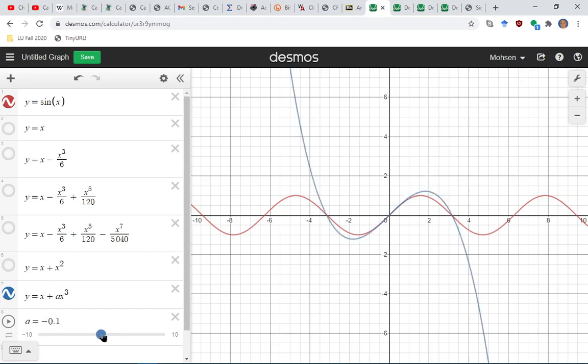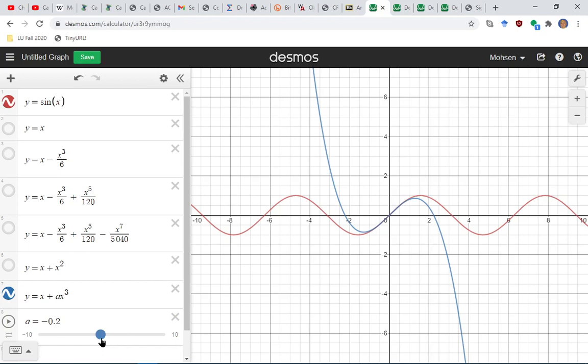I notice that I'm coming close to my sine a lot better than before. Now the question is, what negative multiple should I throw in the mix to make this thing better? It looks like it's getting worse as I go too far to the left. So there is some magic number here where I'll be doing the best. Now, what is that magic number and how do we come across it?